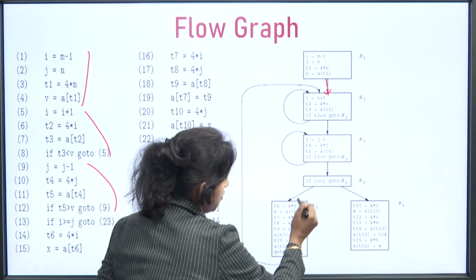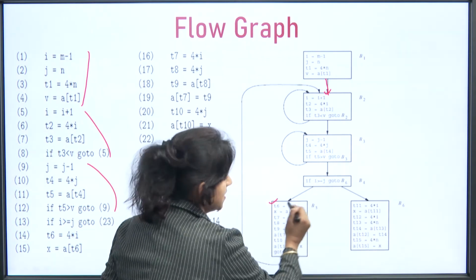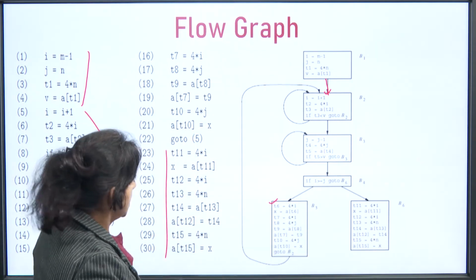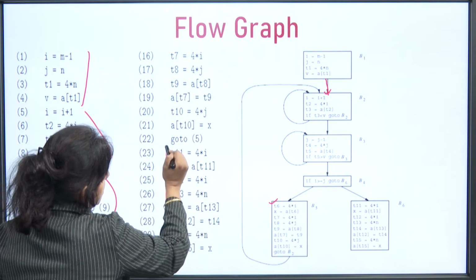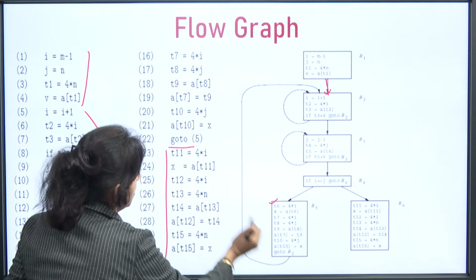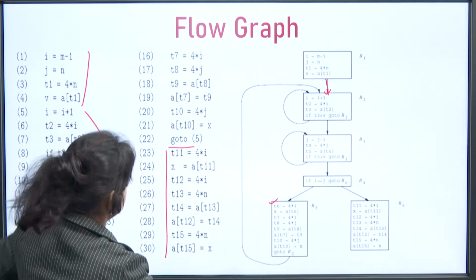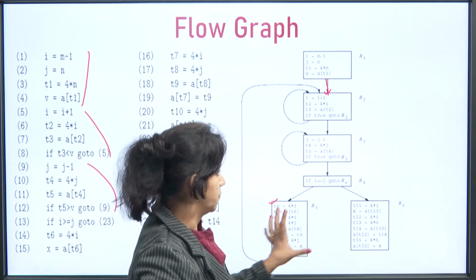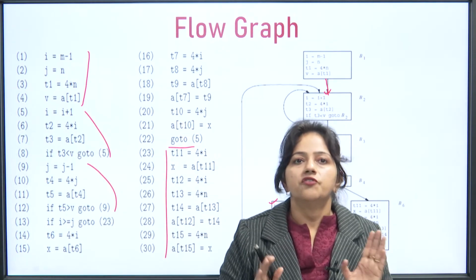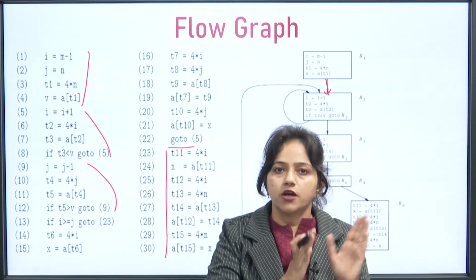If this is false, then we will execute this particular block. Now see what we have in B5: after executing up to here we have go to 5, and go to 5 means go to B2. So after this we mark a loop from this to B2. This is the flow graph for the given quicksort program.